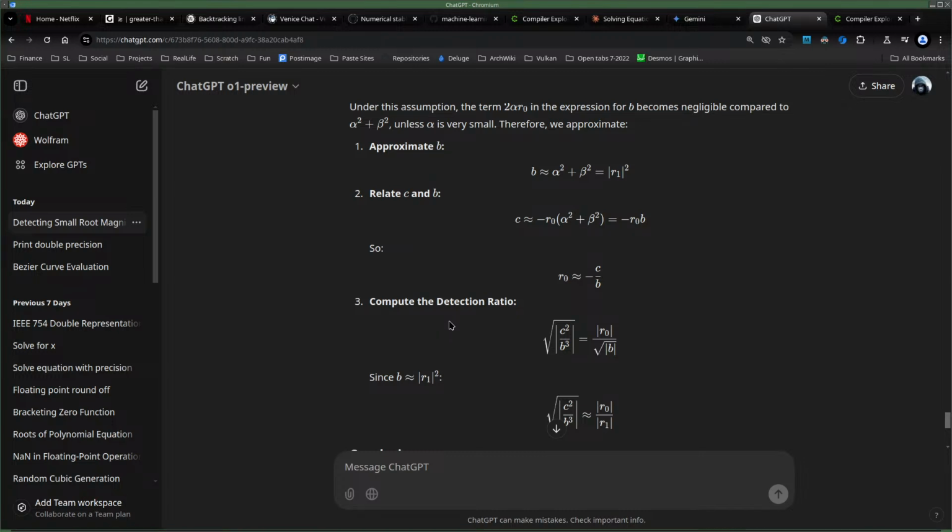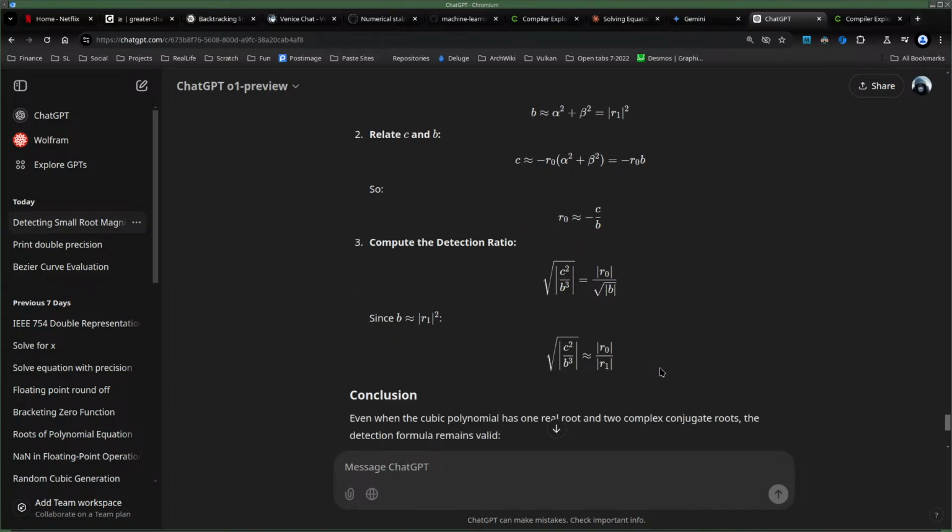The detection ratio. B is more or less that. Big jump here. Oh yeah.